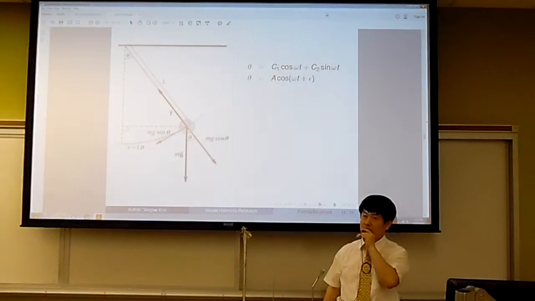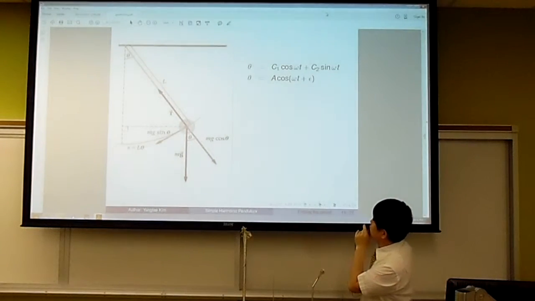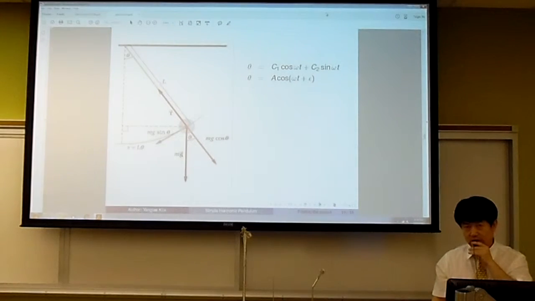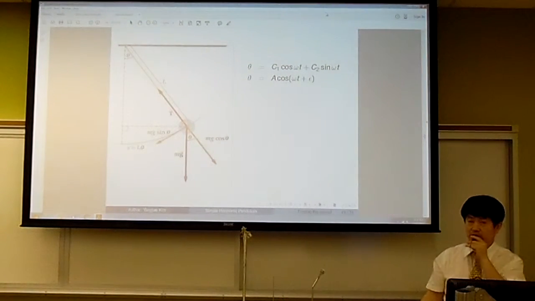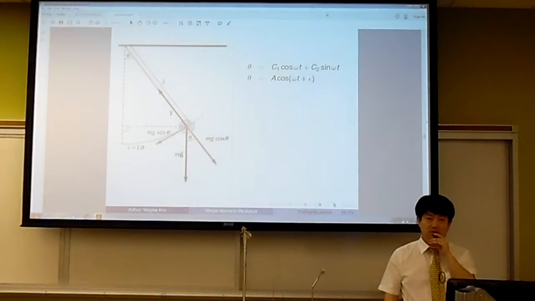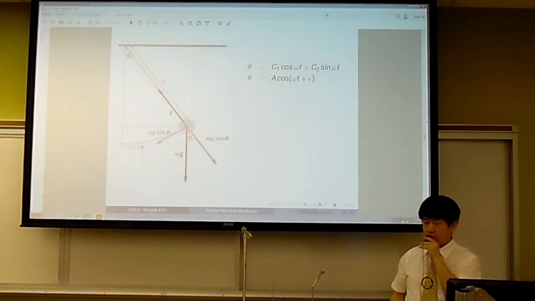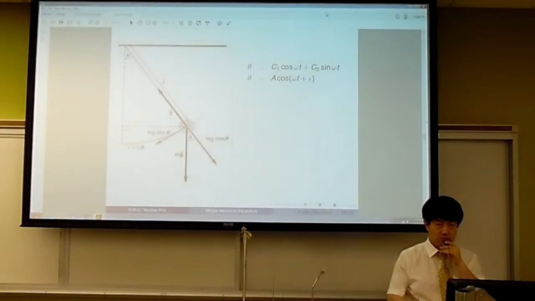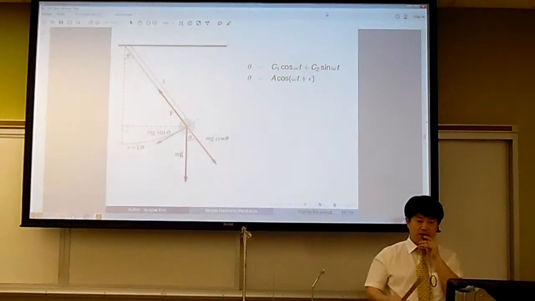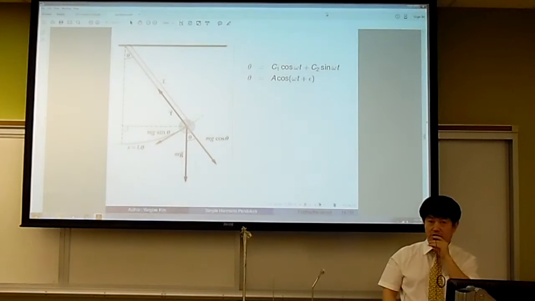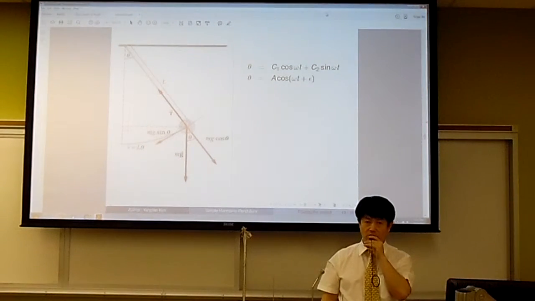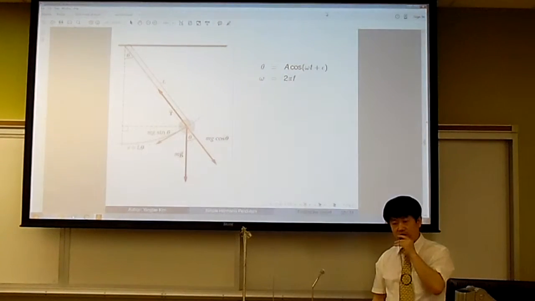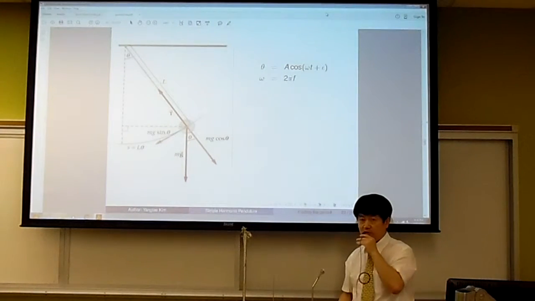Now here in the parentheses of cosine, omega t plus epsilon, there is nothing but theta, which is the angle. Epsilon is constant. Omega t is changing. Time t times a certain value omega gives you the angle. Of course, that omega will be the angular speed, which is 2 pi times frequency, 2 pi f.